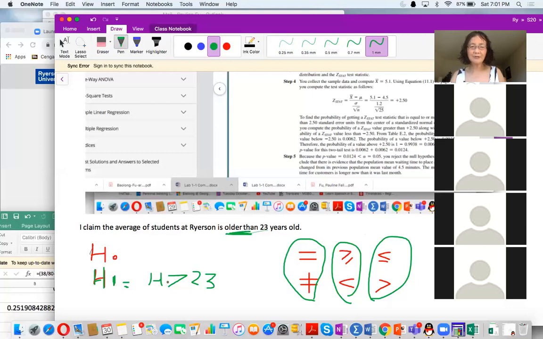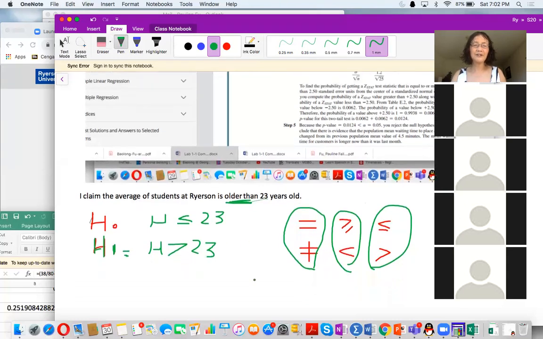Once you decide H1, you look at this picture. H0 must take this format. When H1 is greater, H0 must be smaller equal, because we are looking at this pair. So H0: mu smaller equal 23.